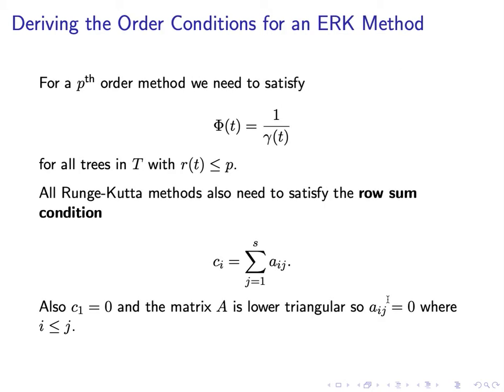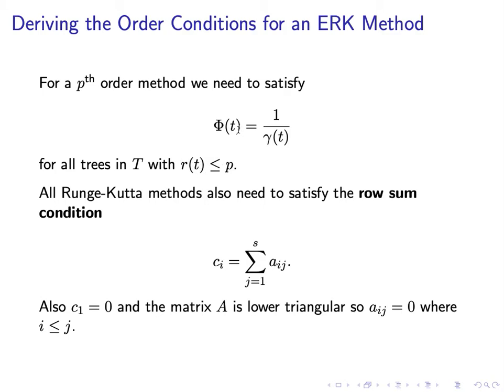So to derive an explicit Runge-Kutta method using trees is actually very, very simple. For a pth order method, we need to satisfy this condition for all trees in T, which is the set of all rooted trees with an order up to and including p.